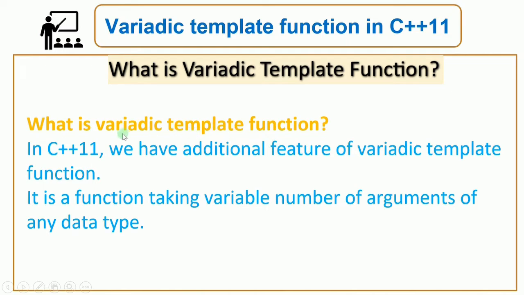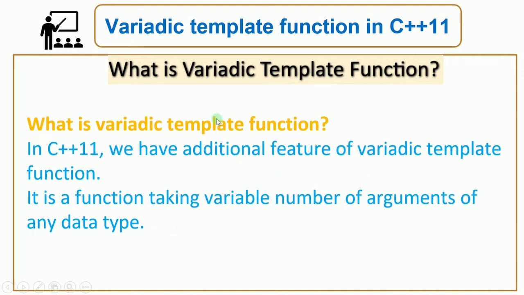Now what is this Variadic template function? By the name itself, Variadic means variable, that means changes. In the sense of a Variadic template function, it is a function taking a variable number of arguments. That means the number of arguments may change. It can have one argument, or it can accept two, or three, or four arguments, etc. And that too of any data type.